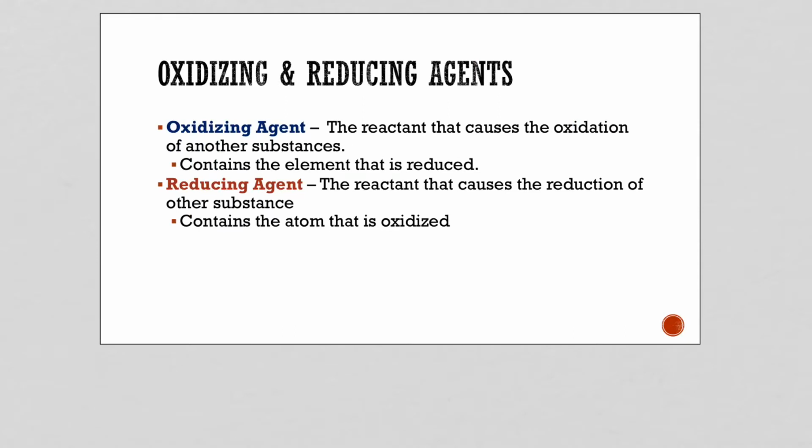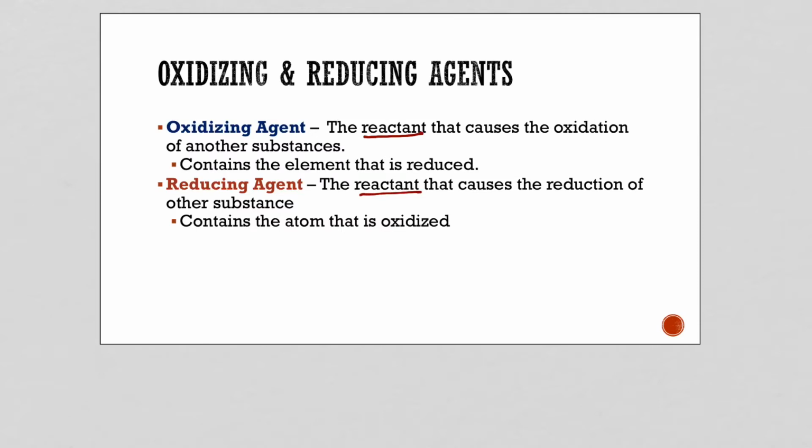Now, two other key vocabulary words that we need to understand are the oxidizing agent and the reducing agent. One key thing to understand right at the beginning is that these agents are both going to be reactants. They will always be reactants and never be products.